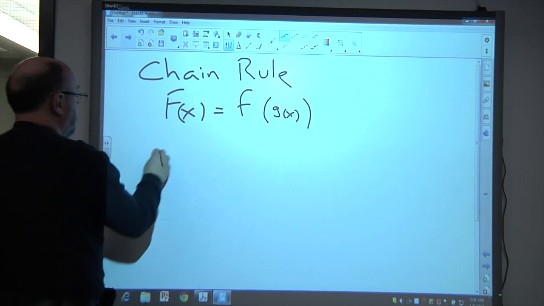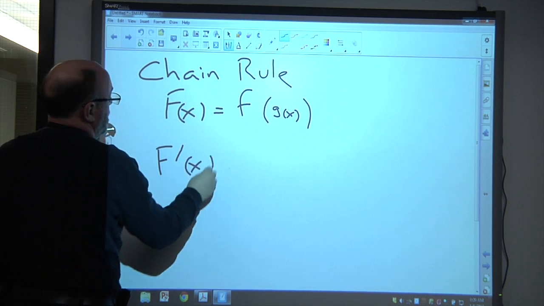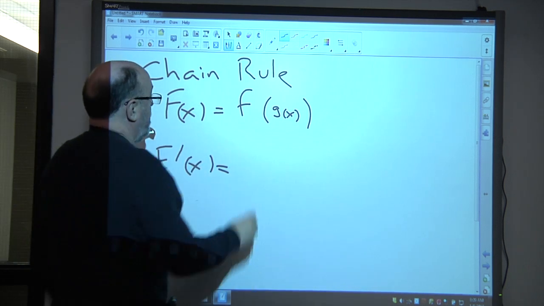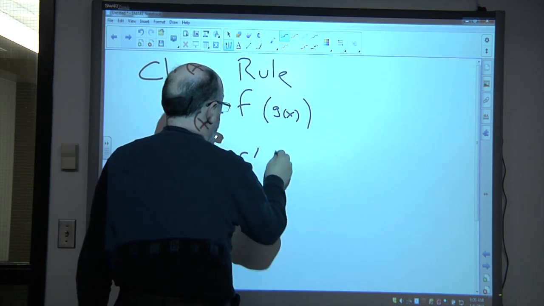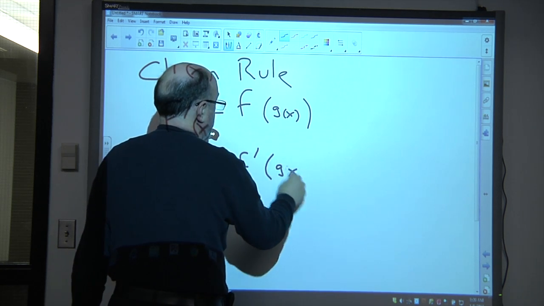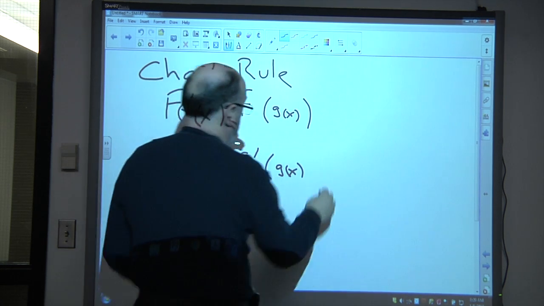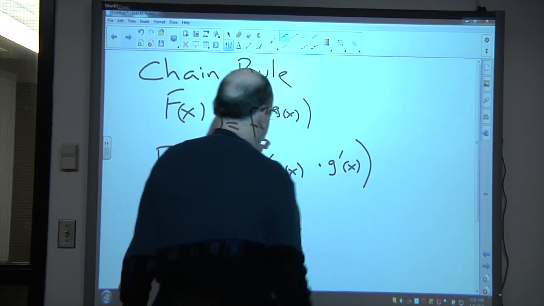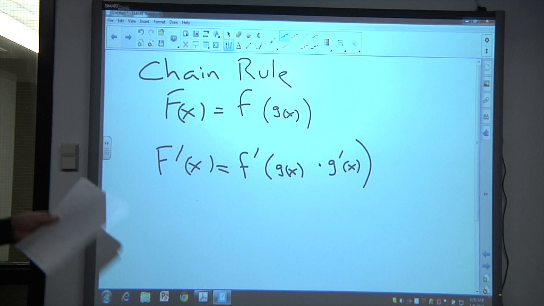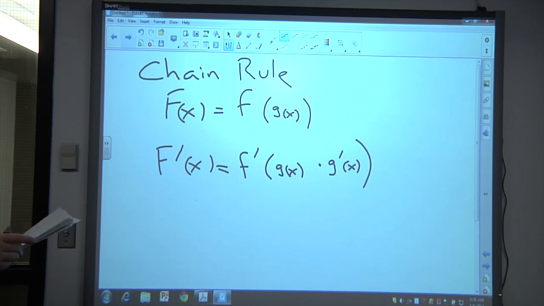And my derivative then is given by f prime of g of x times the derivative of g. So it looks confusing and complicated, but let's go through an example of how this works.